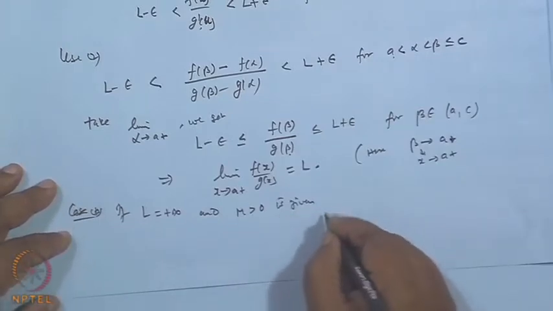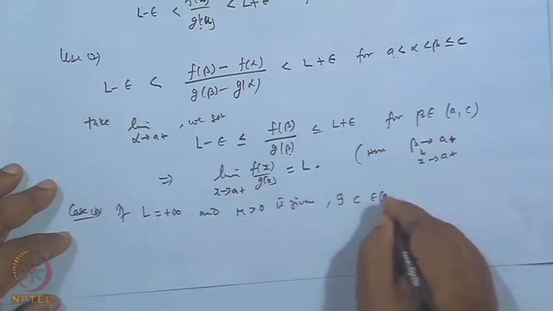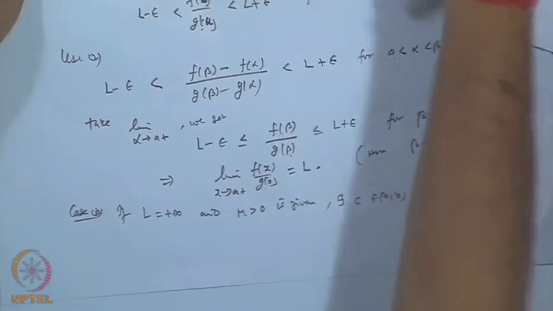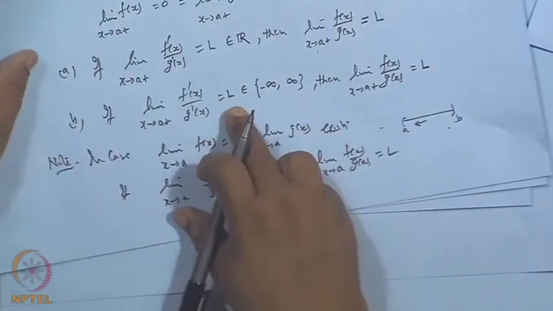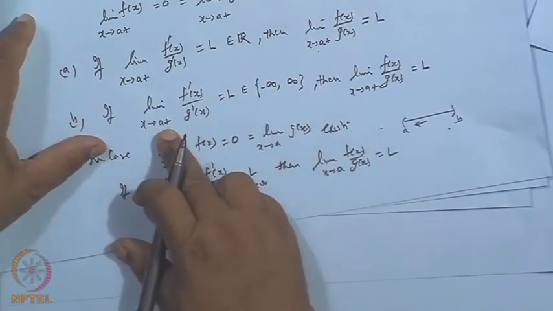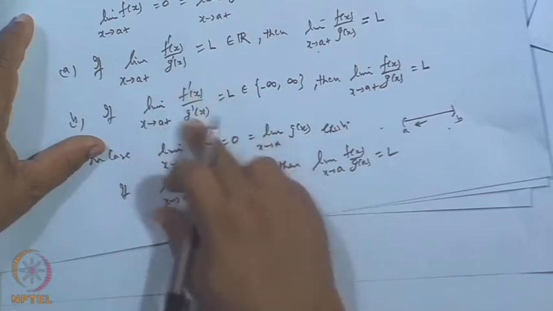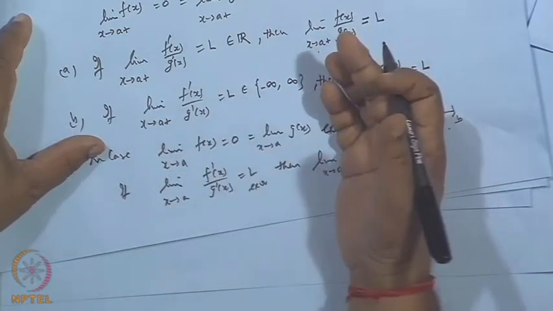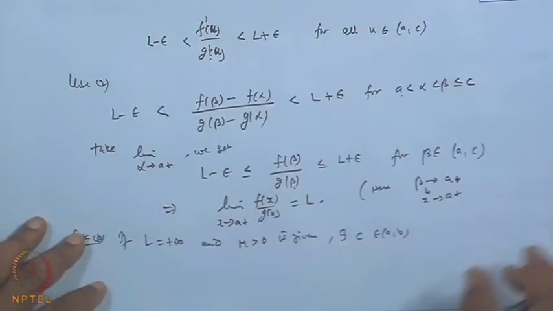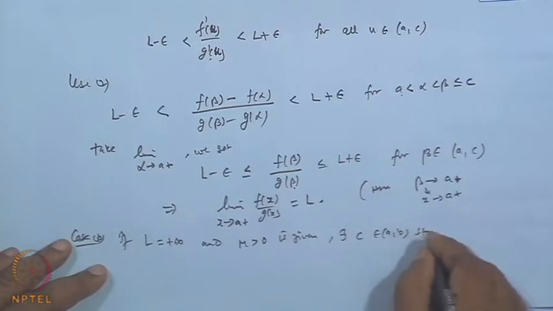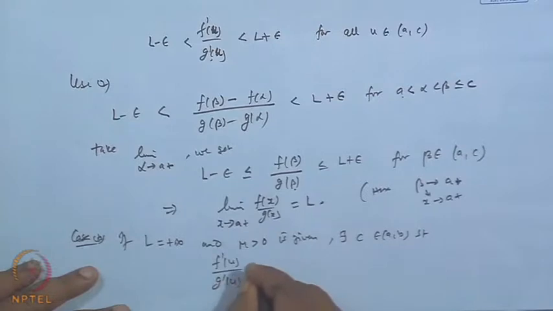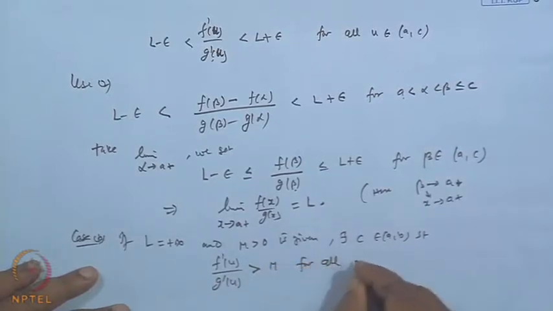It means that when the point is closer to A in the right neighborhood of A, this value can exceed any positive number. So, I am taking m greater than 0, then there exists C such that for all u belonging to A C, this condition is satisfied, it is greater than m.